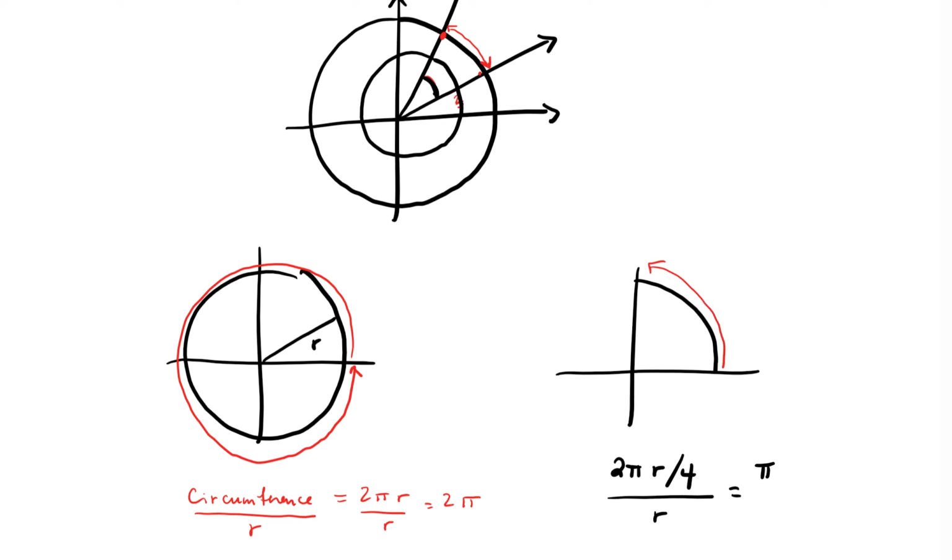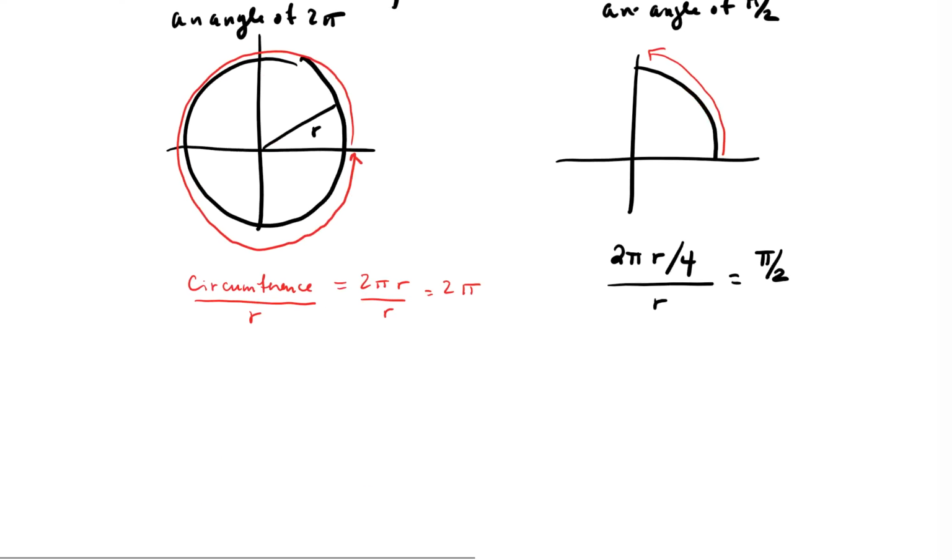That's going to give me pi over 2. So here we would call this an angle of pi over 2. Now, there are no units right now, but we'll introduce the units very soon. And this is an angle of 2 pi.